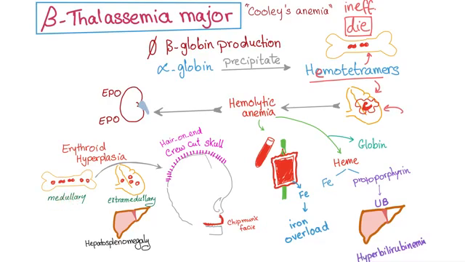This is called medullary erythropoiesis. Fine, but I need more. I need more factories to produce more RBCs. So the spleen and the liver, or the reticuloendothelial organs, will take over. It's called extramedullary hematopoiesis.